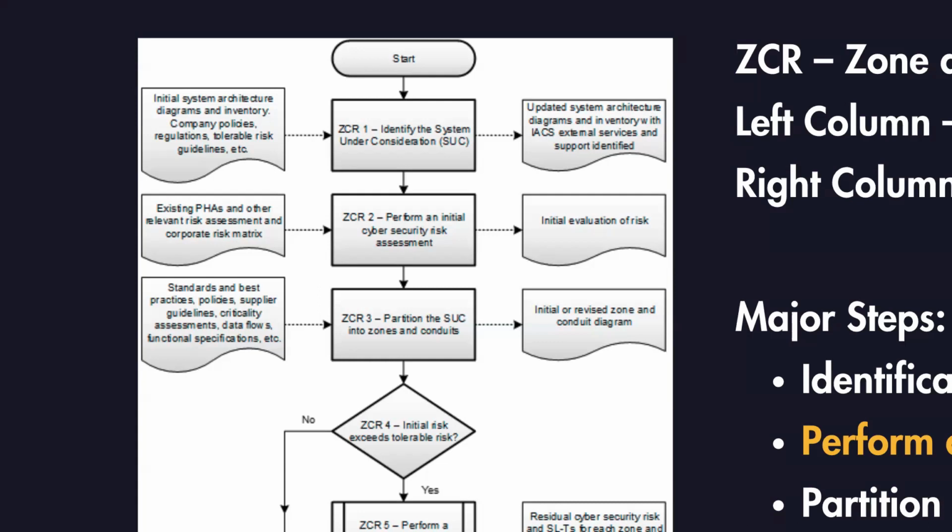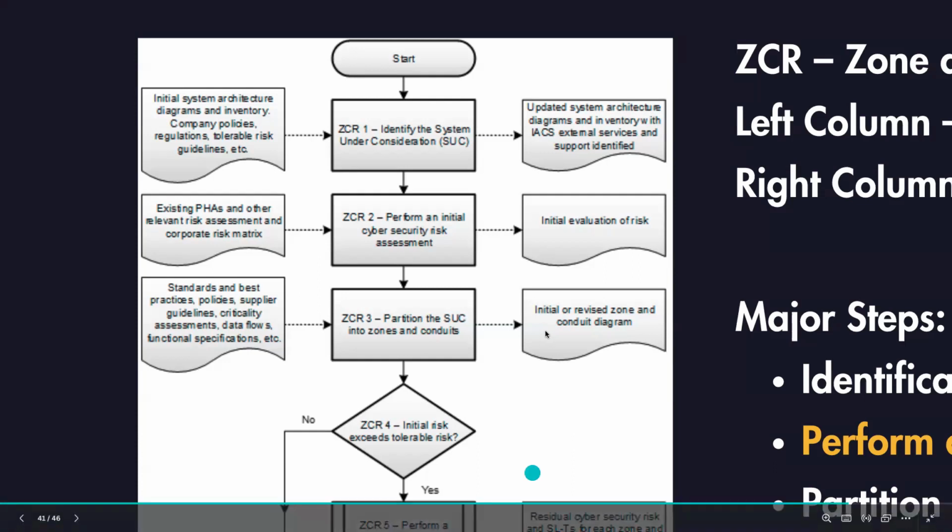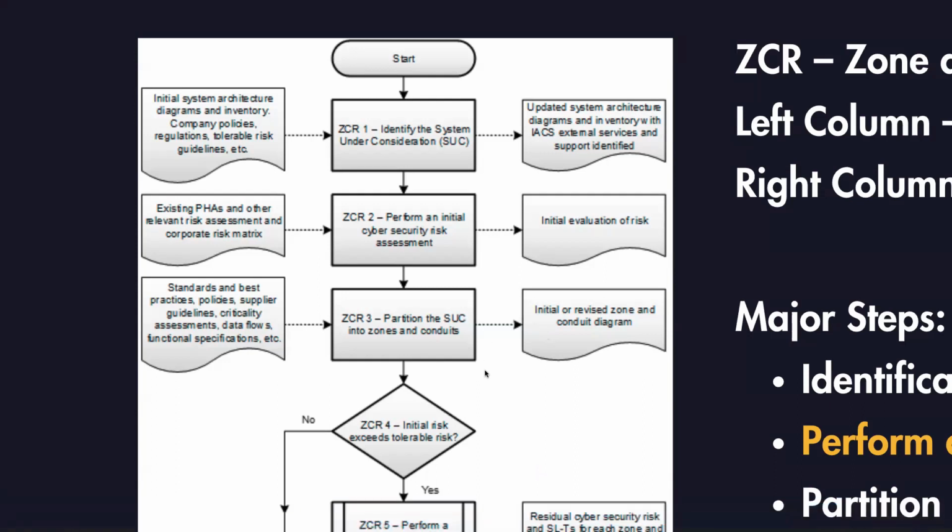Once you have that, you might be able to find some gaps. For example, in the asset inventory you have two PLCs, but in the system architecture probably you are not finding the second one. So the output of this particular step is the updated system architecture, where you will include the second PLC as well, right?